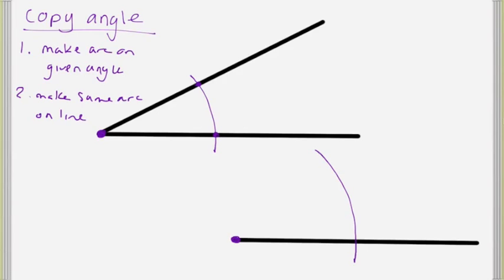So I'm going to put my compass point on one of those points and put the compass pencil on the other one to measure out that width of that angle. So it looks something like that. Okay, so compass point on one of the points across the arc and compass pencil on the other one.